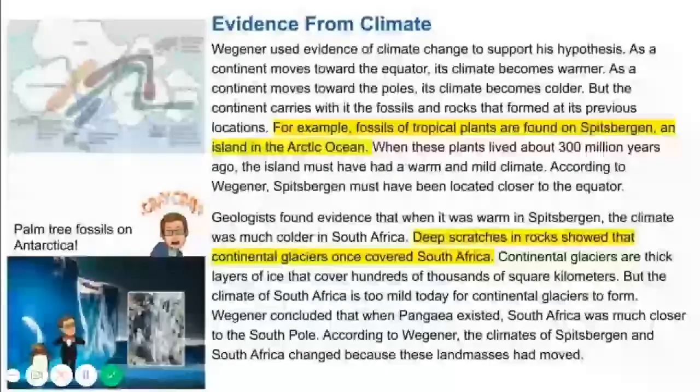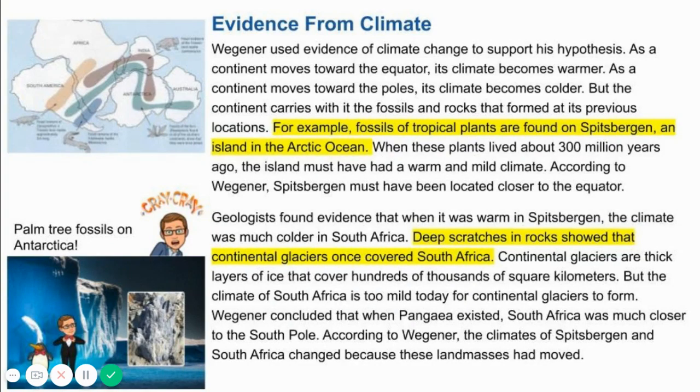Geologists found evidence that when it was warm in Spitsbergen, the climate was much colder in South Africa. Deep scratches in rocks showed that continental glaciers once covered South Africa. Continental glaciers are thick layers of ice that cover hundreds of thousands of square kilometers. But the climate of South Africa is much too mild today for continental glaciers to form, meaning it's not cold enough.